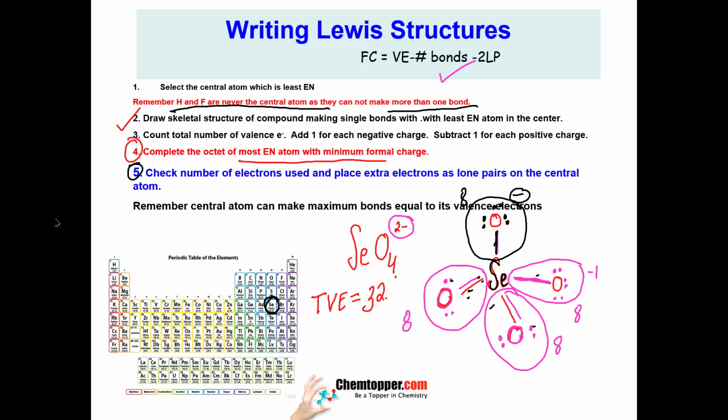Hydrogen will never make a double bond. It cannot share 2 electrons. It has only one unpaired electron. It can make only one bond. So there is no question of a double bond on hydrogen and fluorine. Hydrogen, fluorine never make a double bond. They are always with a single bond.